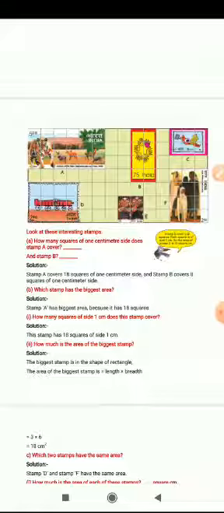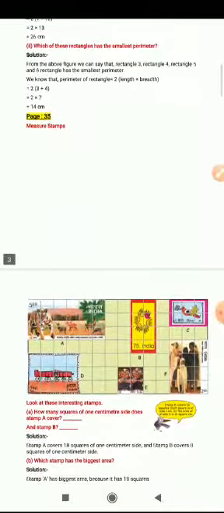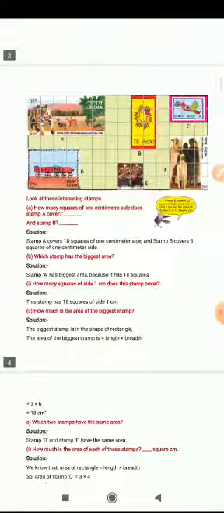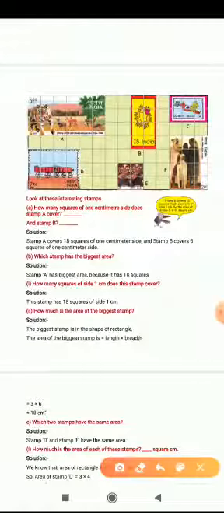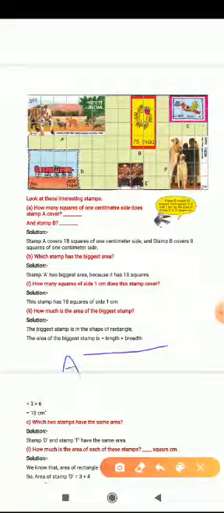How much is the area of the biggest stamp? It means we have to find the area for stamp A. I am finding the area over here. The formula for area is area is equal to length multiplied by breadth. Everyone learn this formula.